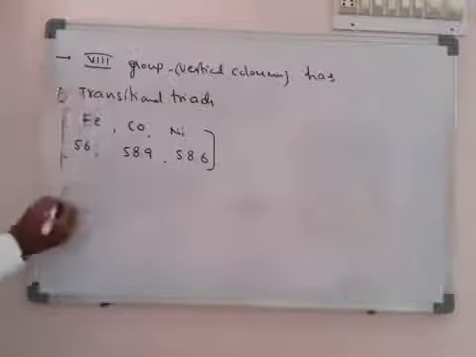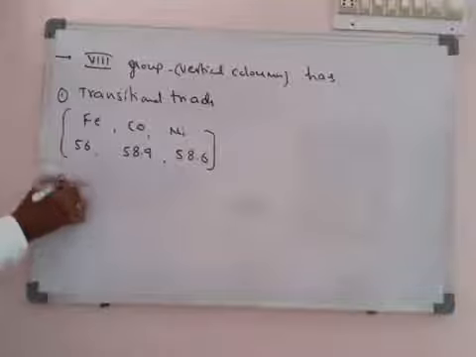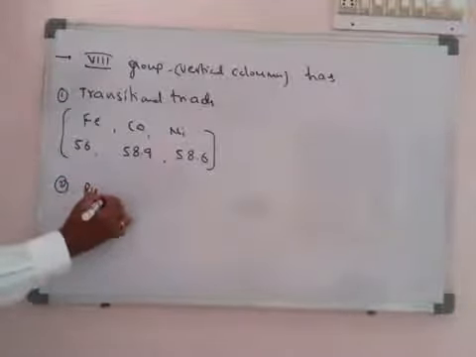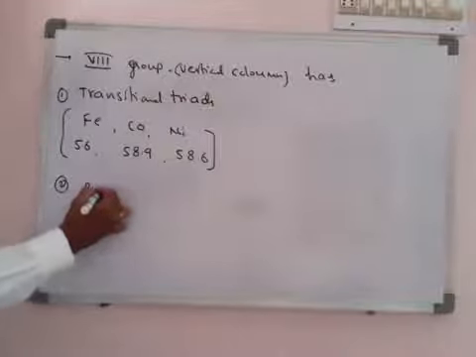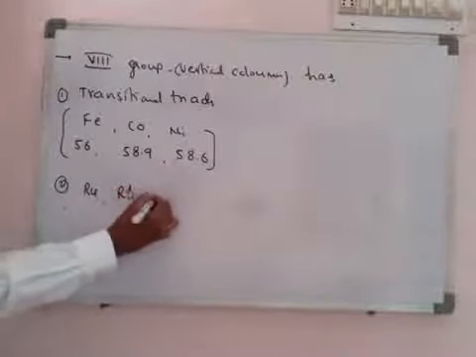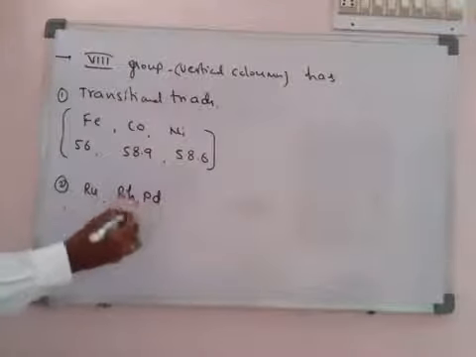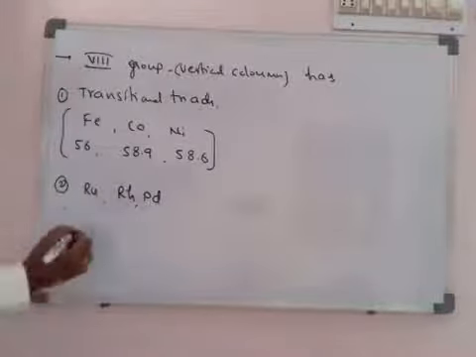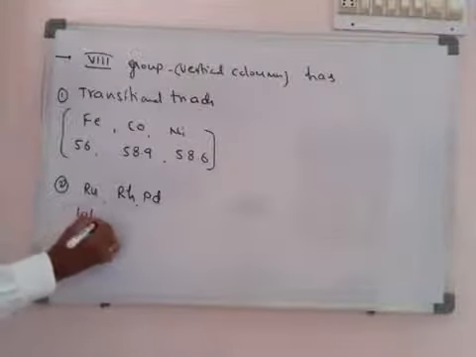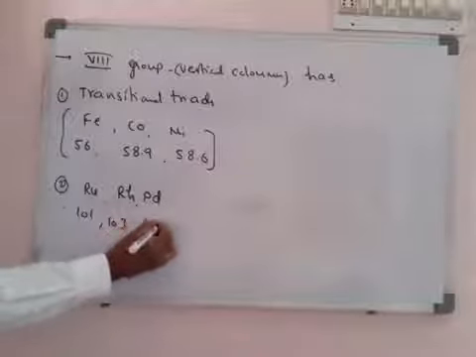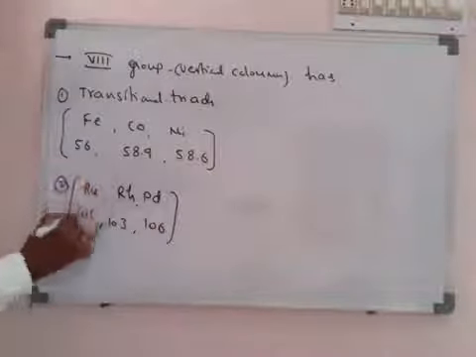Next, there is one more transitional triad: ruthenium, rhodium, palladium. So they are also a group. This is called one transitional series.